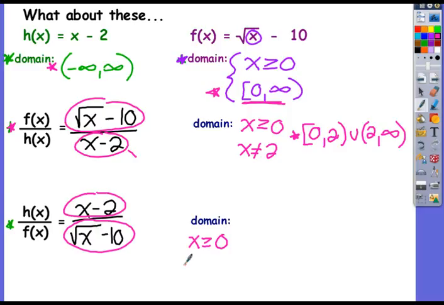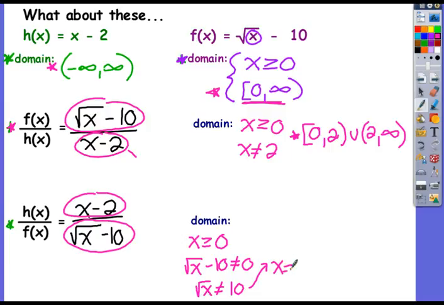So I'd be looking at, well, the square root of x minus 10 cannot equal 0. So if I solve this, the square root of x cannot equal 10. And then the square root of what number would give me 10? If I square each side, that would be 100.